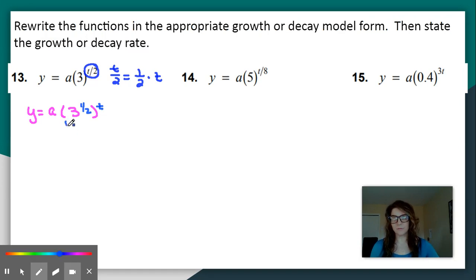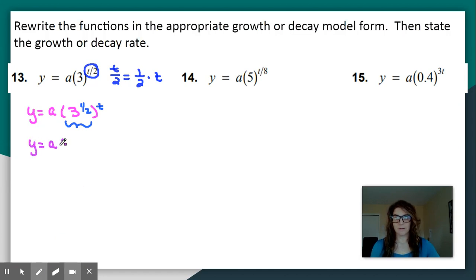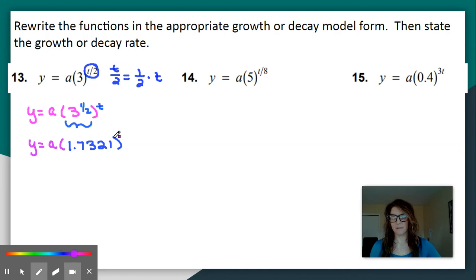You then simply put 3 to the 1/2 power in your calculator. That comes out to 1.73, I believe, 1.7321, to the t power.